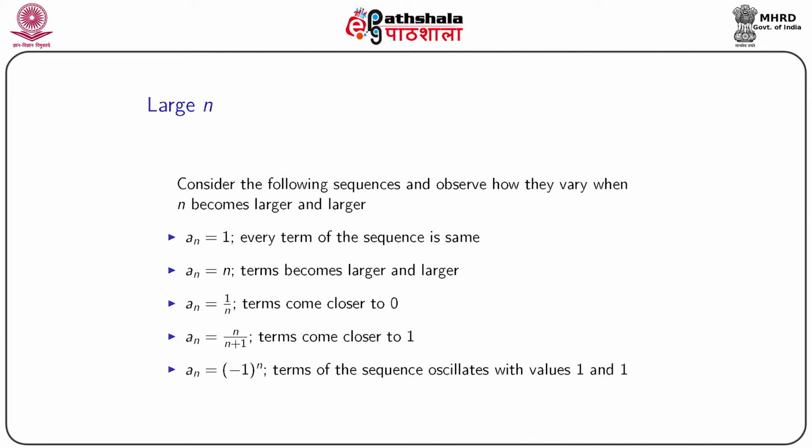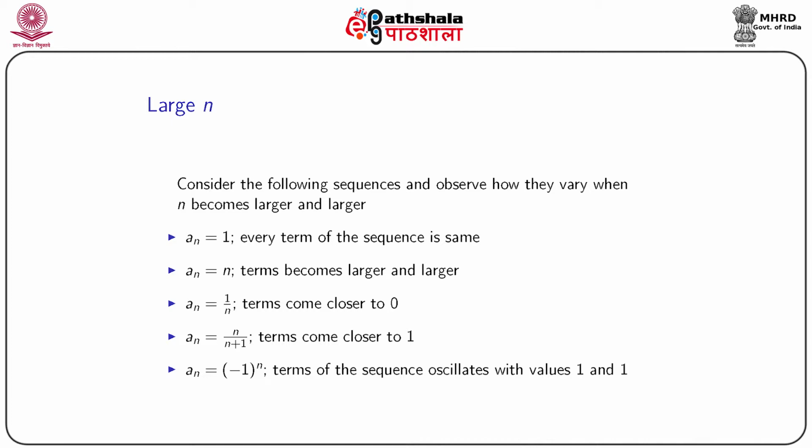Once we define a sequence of real numbers or sets or functions, the next job is to see the behavior of the sequence when we vary n. What will happen if n becomes larger and larger? So we'll start with a few examples.